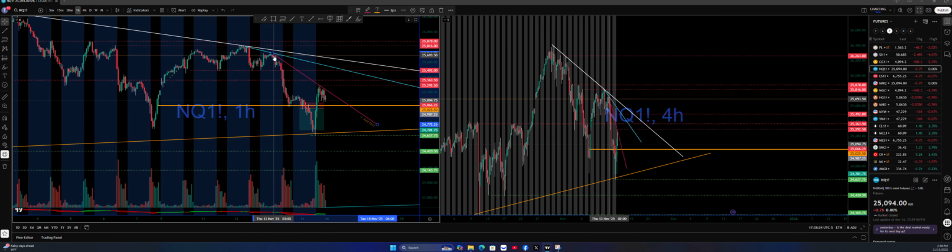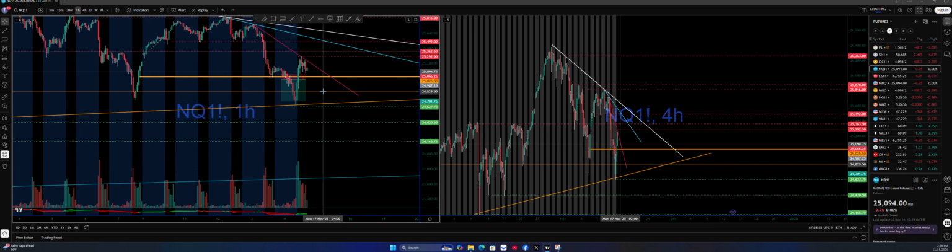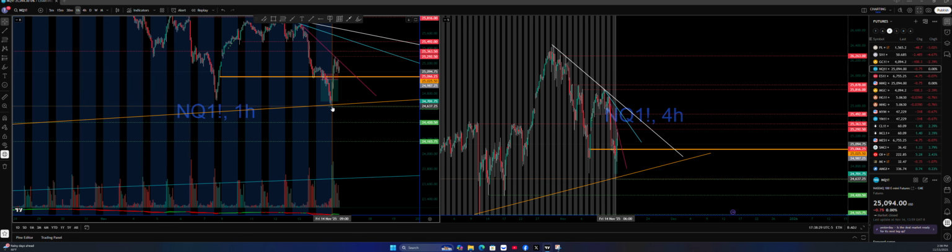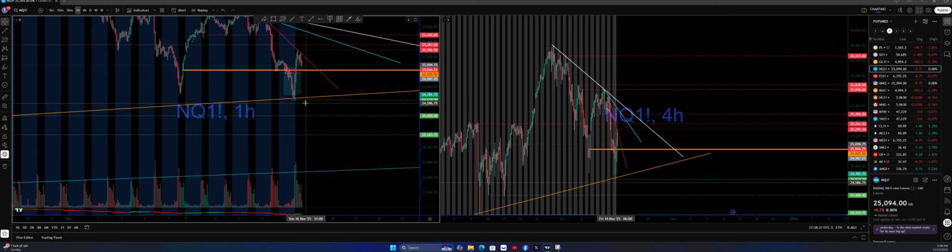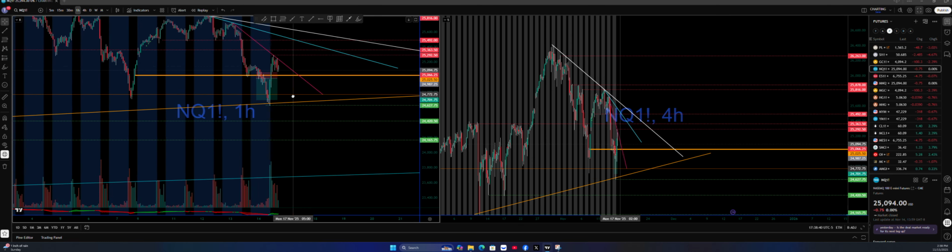So definitely chart this, right? This support at 24,627.75 needs to be marked out to see what happens when price comes back down here.